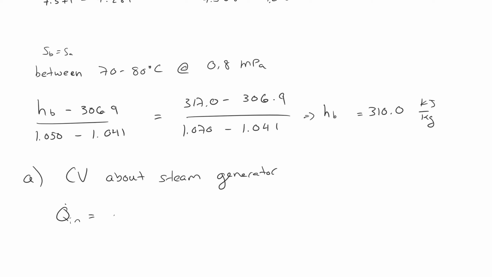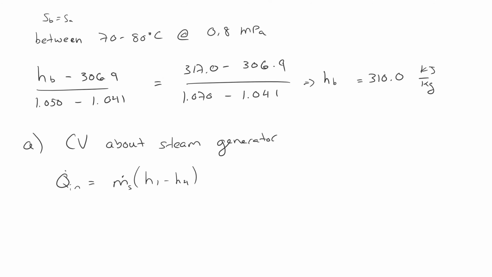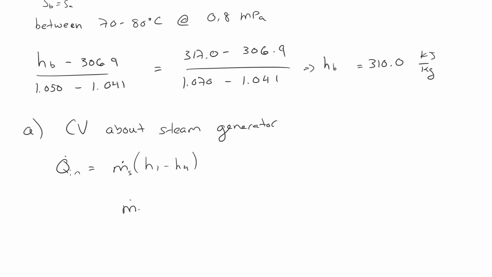So Q dot N is going to equal m dot h1 minus h4. And we'll call this m dot sub S for steam because we'll be dealing with another flow rate later on. All right. So m dot S is going to equal Q dot N over h1 minus h4. So I'm told I have 14 megawatts.